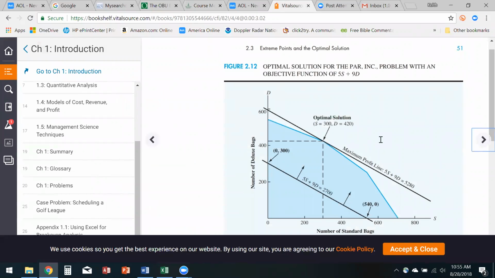Here's that optimal solution. This is the best we can do in terms of profitability based on the number of deluxe bags we make plus the number of standard bags. This is the high point. And then we see the dots that show us the optimal solution. And then we see what I would call a core or optimal region. And then these are also feasible, but not optimal.